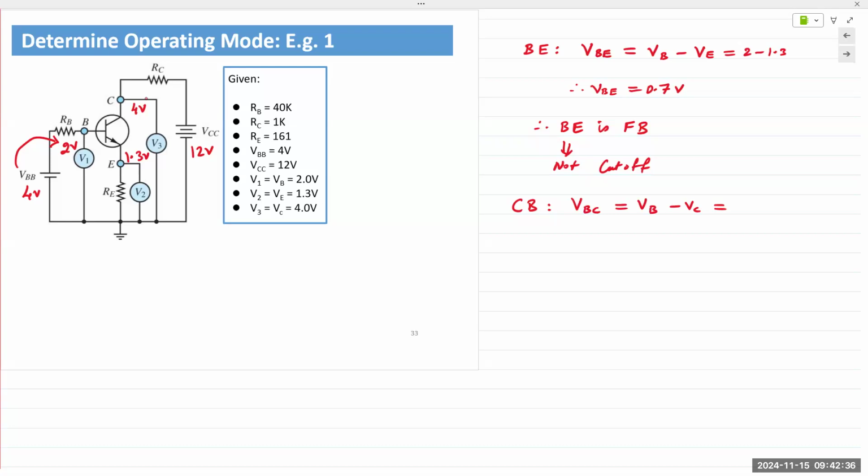If it's a negative value, meaning it's reverse bias, that means it's active. So VBC would be 2 minus 4, which gives me a negative value. Hence, collector base is reverse biased. Hence, active mode and not saturation.